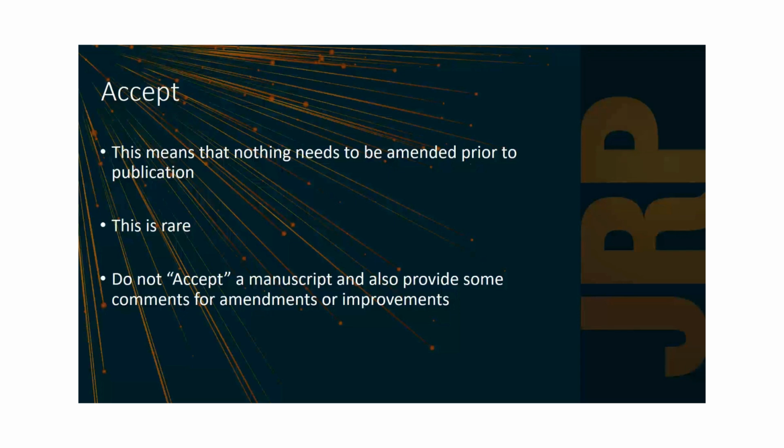So the accept suggests very strongly that nothing else needs to be done. So if you're happy with the paper, or at least you'd be happy to accept it if things were changed, then it's not an accept. It means that it needs a revision. Okay, so an accept means they're not going to do anything else. If both reviewers accept it, we're just going to publish it as it is. Okay, so that's really, really important.